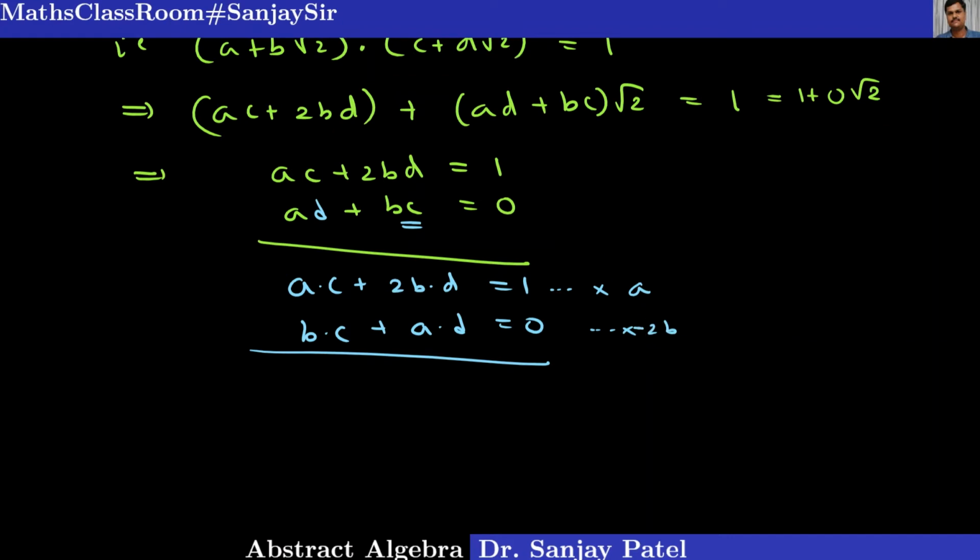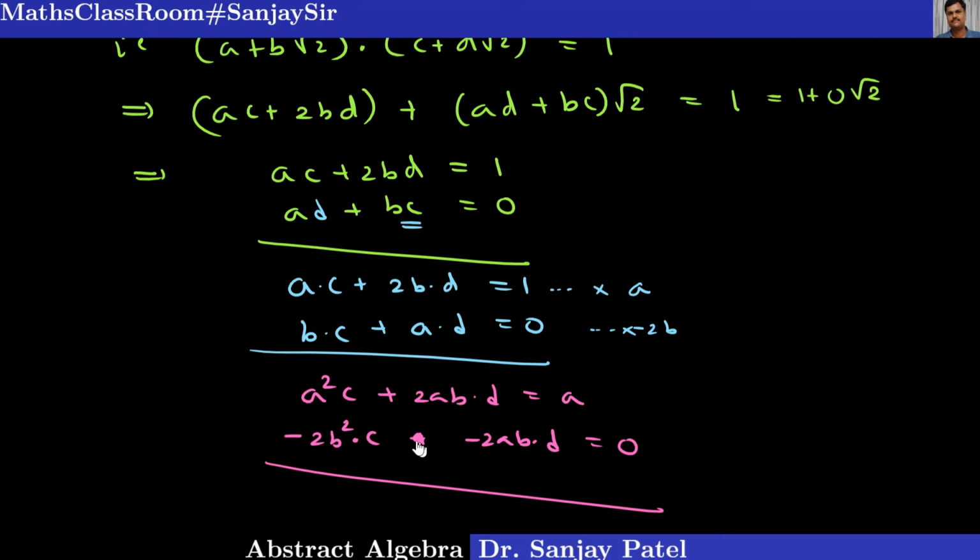So what I will get here is a square c plus 2ab into d is equal to a. And here I will get minus 2b square into c minus 2ab into d is equal to 0.